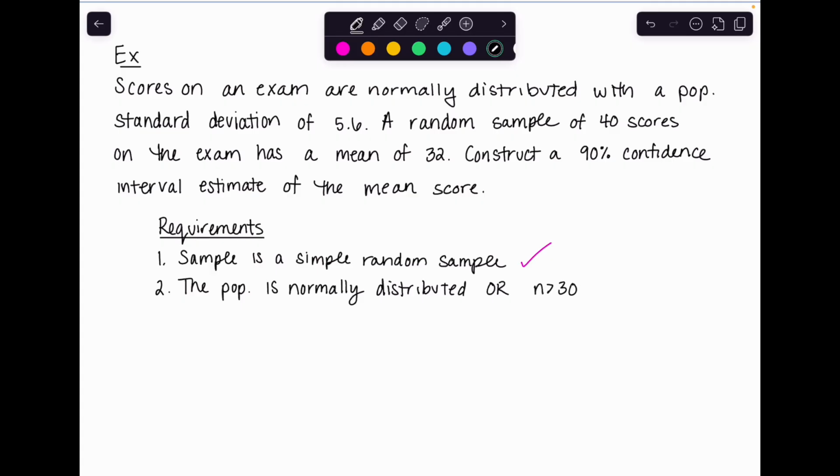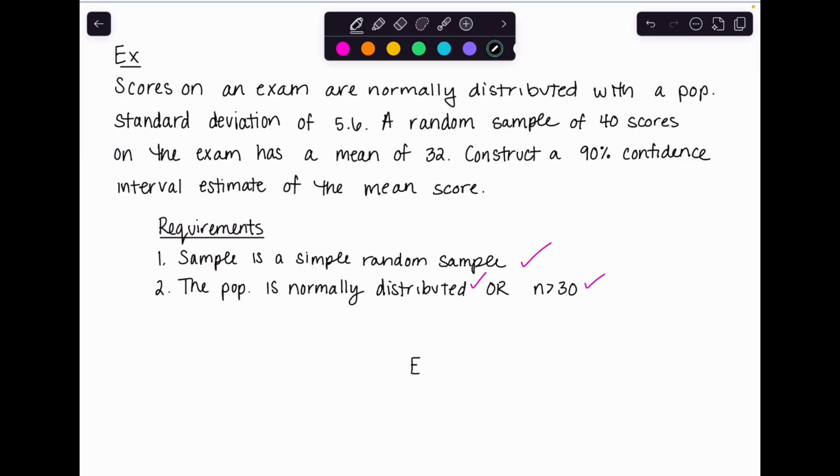You need at least one of these to be true. But in this case, they tell us the scores are normally distributed, so this one holds. And also the number of samples is more than 30, so both really work. And in here, my value of sigma is known, so I can go ahead and use this formula for E.